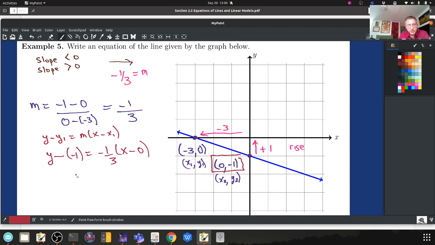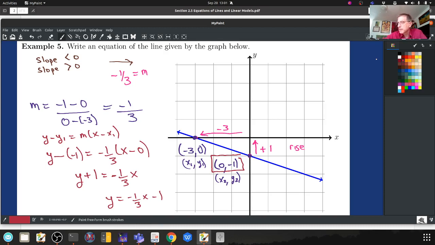So let's simplify that. y minus a minus 1 is y plus 1 is equal to minus 1/3 x. This is a nice little equation here because it's easy to solve for y and get it into another form. But that's all you have to do for that one.